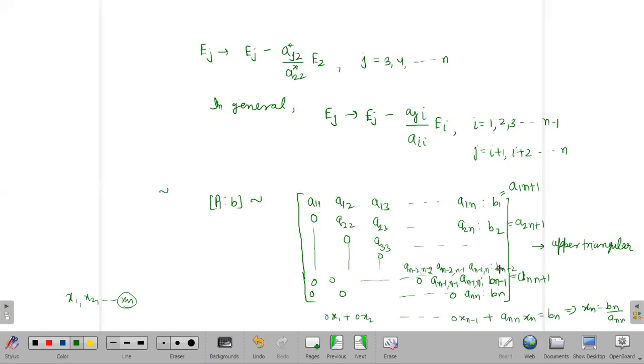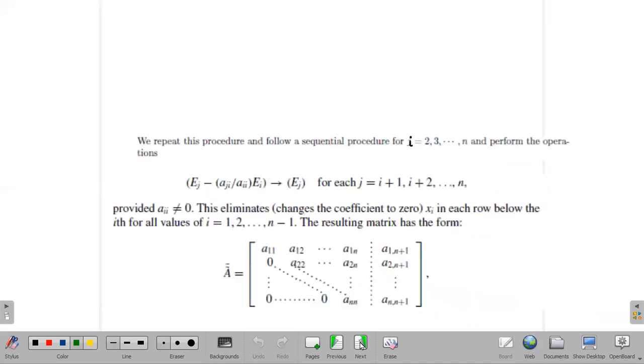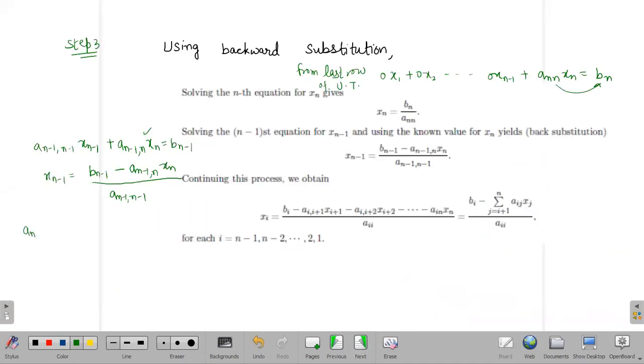So again from here, in general, a(n-2,n-2) is the coefficient of x(n-2), a(n-2,n-1) is the coefficient of x(n-1), and a(n-2,n) is the coefficient of xn, which is equal to b(n-2). So you know all, that is xn and x(n-1) we have already found. So find x(n-2) from here.